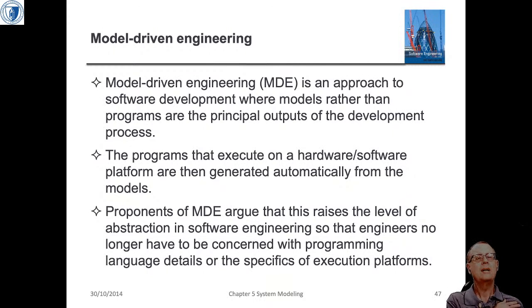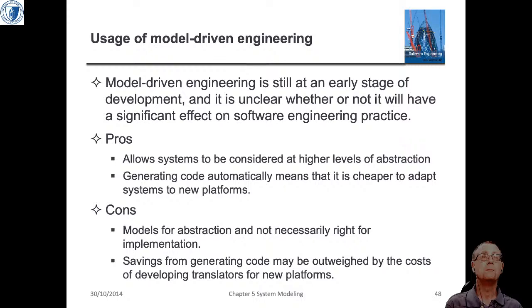One nice thing about model-driven engineering in software is that you can use a hardware or software platform to auto-generate parts of the things that you need. And it raises the level of abstraction with which you think about the problem and with which you think about solving the problem, and that's very useful.